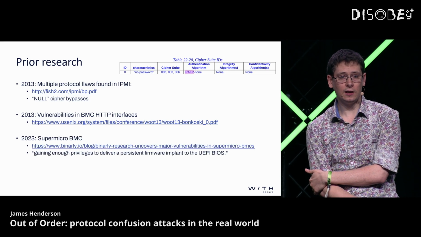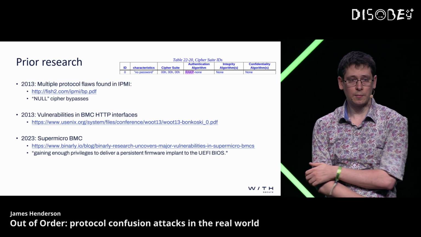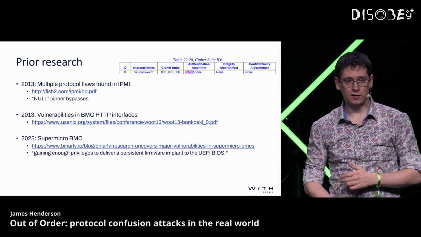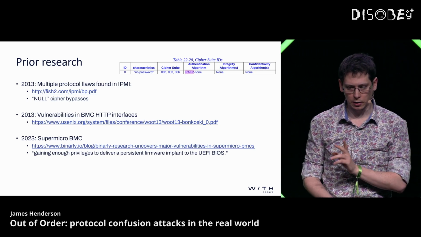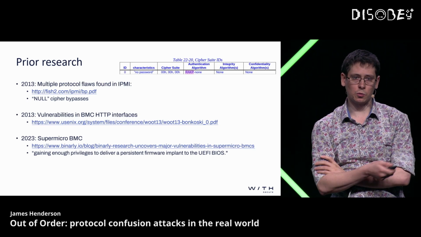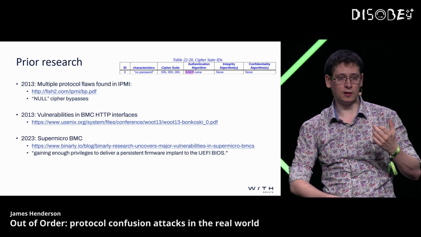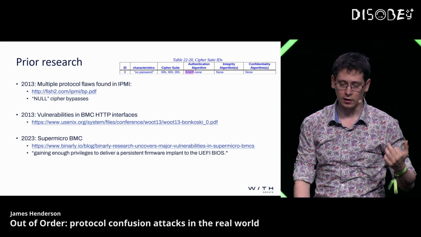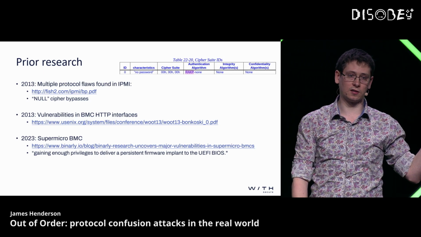Much more recently, there's another example of vulnerabilities found in Supermicro BMCs. By the way, there were loads of vulnerabilities in between, but the reason I'm pulling out this one in particular is because one of the quotes from the paper says, you can gain enough privileges from this BMC, this separate piece of firmware on a motherboard, to actually gain persistent access to the UEFI BIOS of the host operating system.